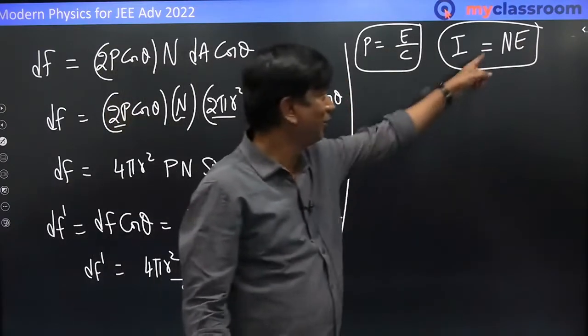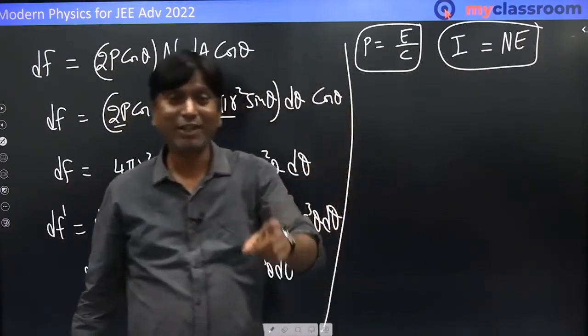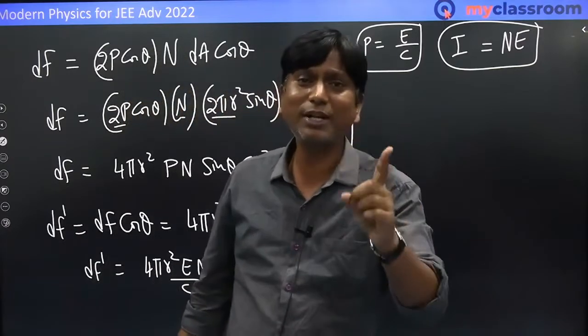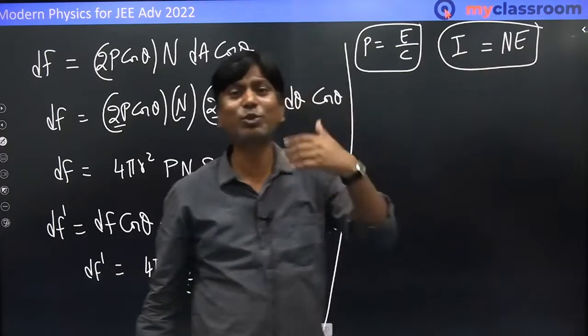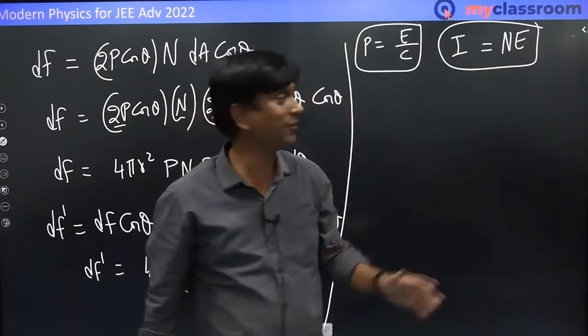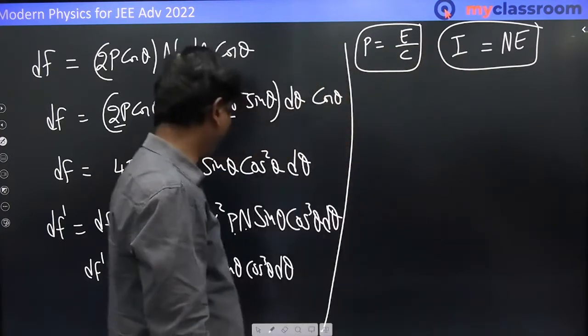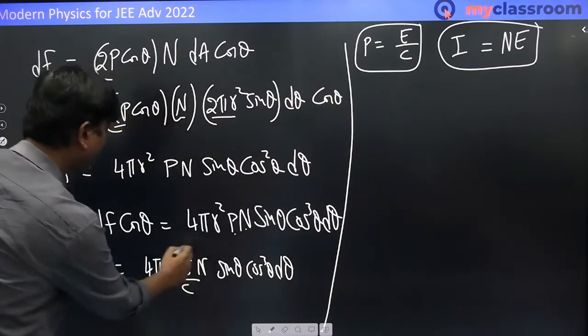So n, the number of photons striking per unit time per unit area, into the energy of each photon gives you the total energy falling per unit time per unit area, which is nothing but intensity. So simply I can write this n is nothing but intensity.